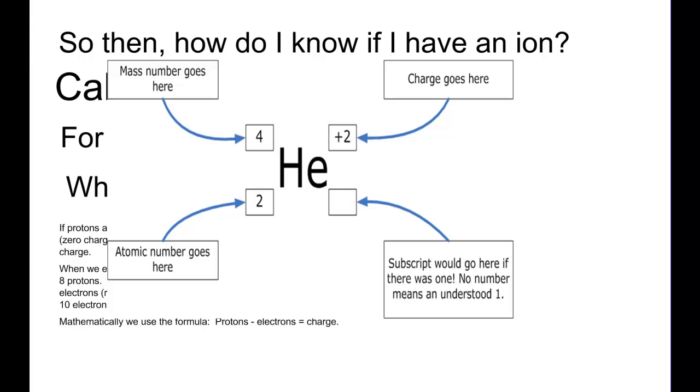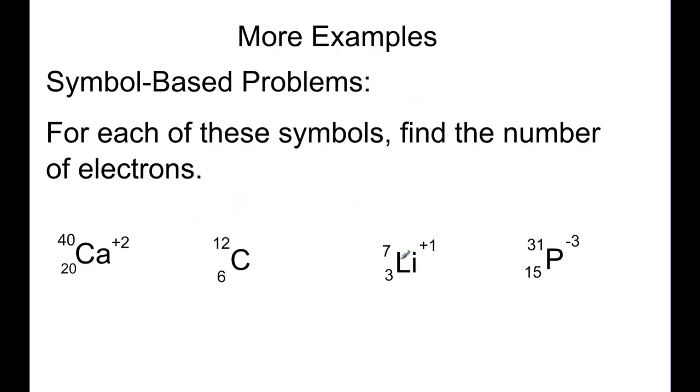So let's use that information to do these practice problems. We have several symbols here. I'm going to do 2, and you guys will do 2. So let's start with this one. Well, we have a mass of 40. We have a proton count of 20, and we have a +2 charge. I'm looking for the number of electrons.